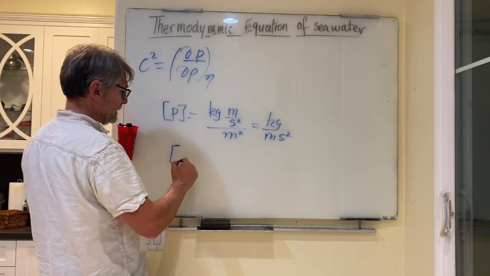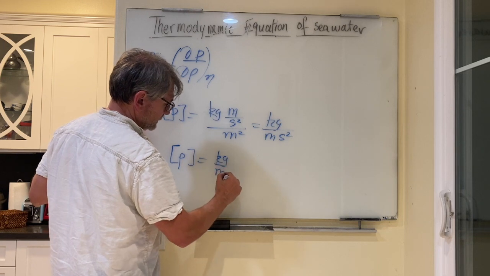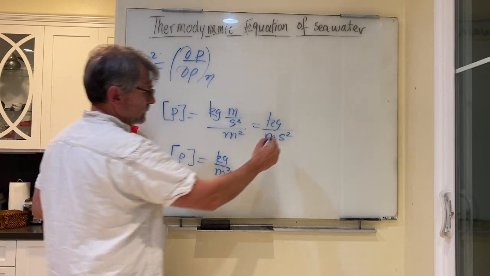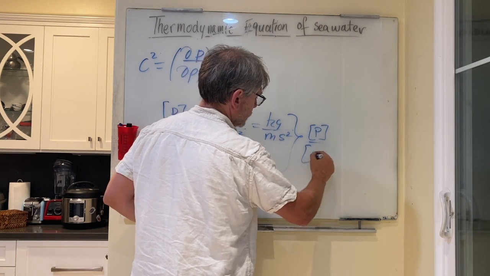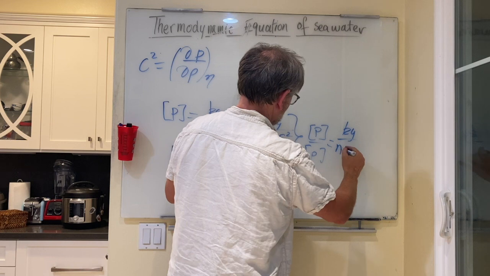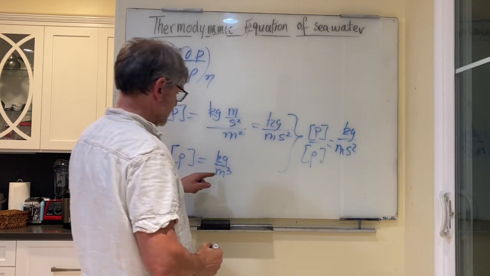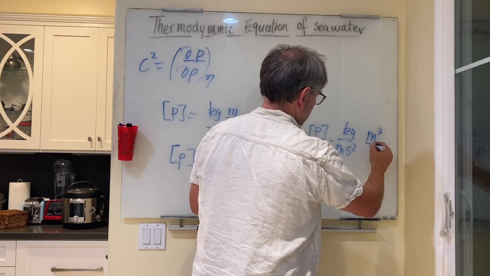And then the units of density is going to be kilograms per meter cubed. And if I take the ratio, P over rho, what I get is kilograms over meters second squared divided by the dimensions of rho, which is going to be meters cubed over kilograms.